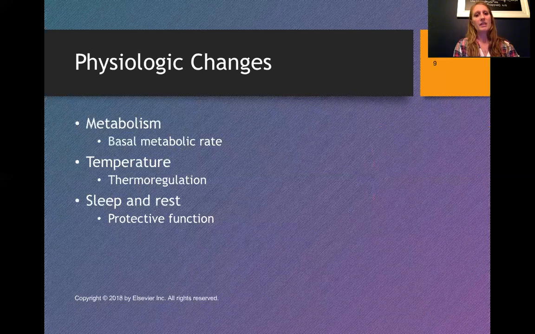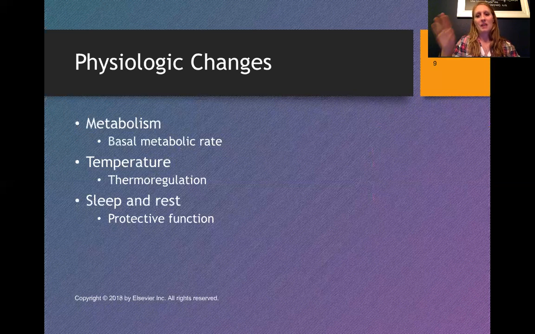So as an infant, the actual sleep cycle is about 50 to 60 minutes long. And then once you're in adolescence, it's the adult length of 90 minutes. I'm sorry if I said seconds earlier, I meant minutes. So 50 to 60 minutes for those little babies, and then 90 minutes for the adults.